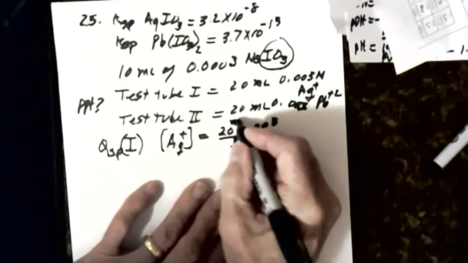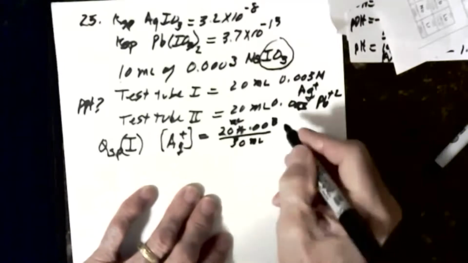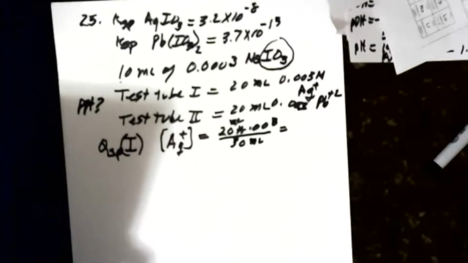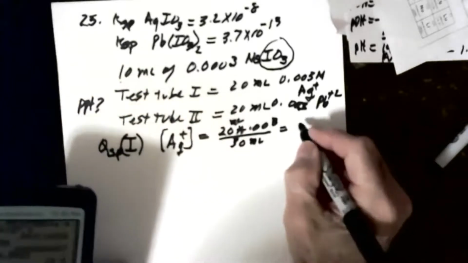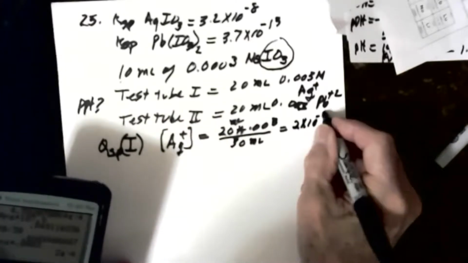So 20 milliliters of this concentration diluted to 30. So let's see what I'm going to have then for the concentration of the silver plus in this solution after I mix them. So it's 20 divided by 30 times 0.003. Yep. Okay. So this concentration is going to be 2 times 10 to the minus 4th molar in silver ion.